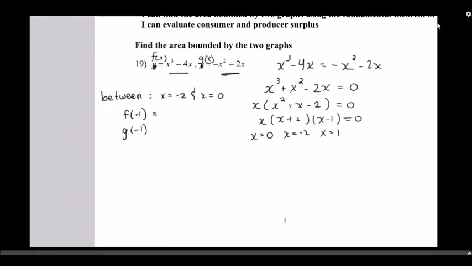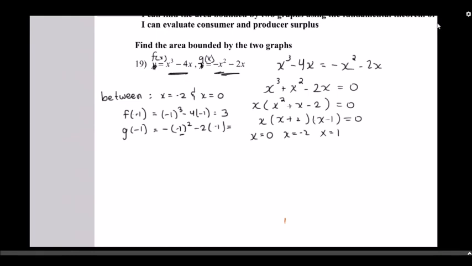So f of -1, if I plug it in there, becomes -1 cubed minus 4 times -1. Well, that makes a -1 here and a positive 4 there. -1 plus 4 is 3. Now for the g function, if I plug it in here, I get the opposite of -1 squared minus 2 times -1.